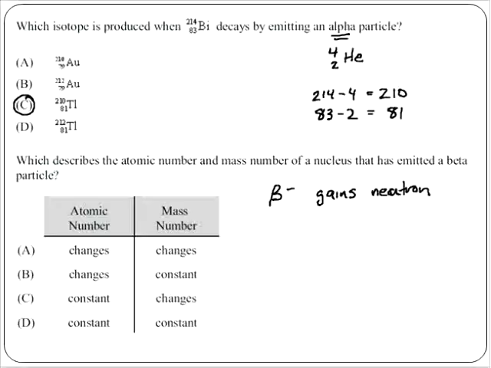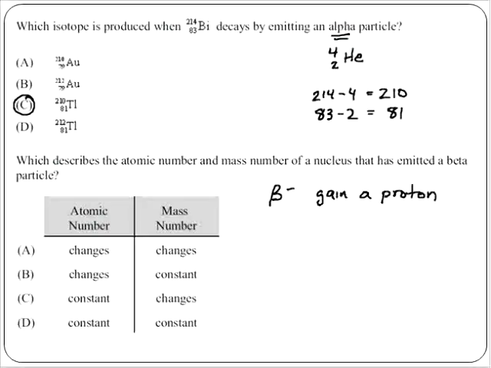A beta negative emission, our nucleus gains a neutron because what happens is a proton, oh, hold on, now I got that backwards. It gains a proton because a neutron breaks down to give us a proton. Sorry about that. Let's fix that right quick. For beta negative, we gain a proton, not a neutron.